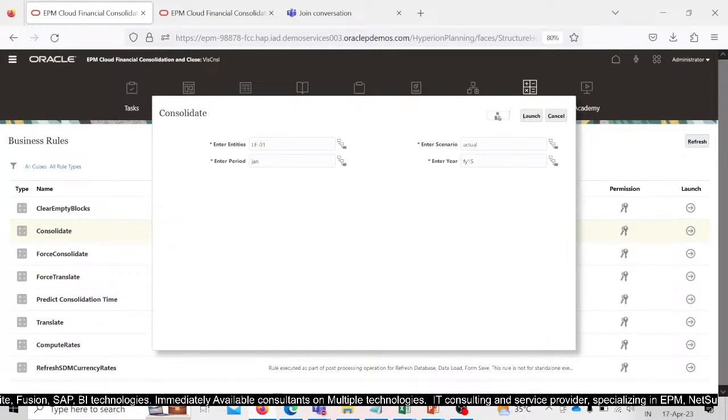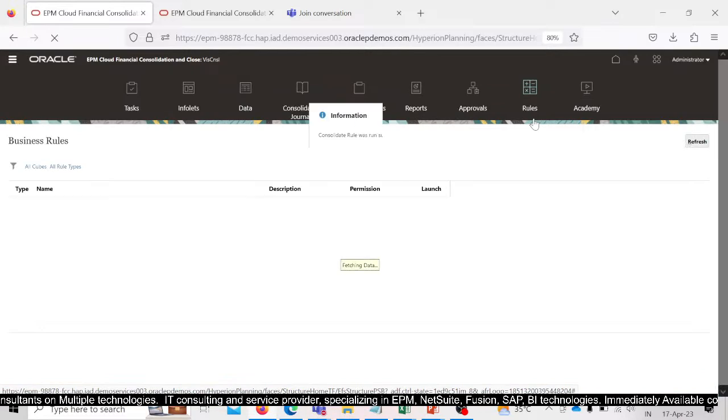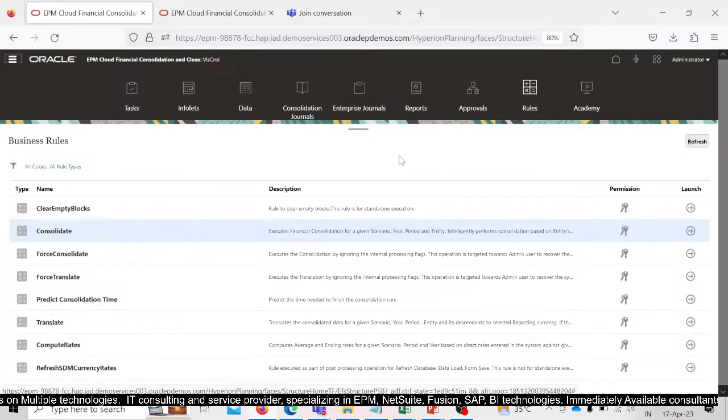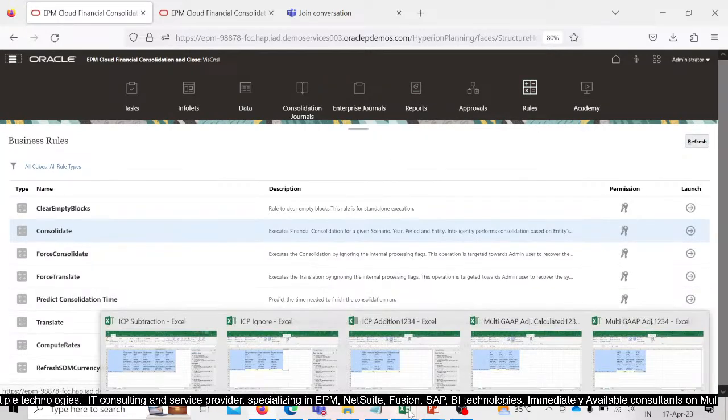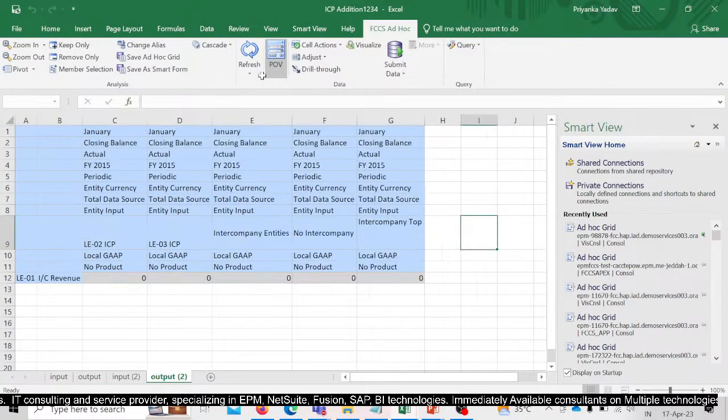Entity is LE01, period January, scenario Actual, and year FY15, and I will click the launch button. Okay, now we will see in the sheet what the output is.